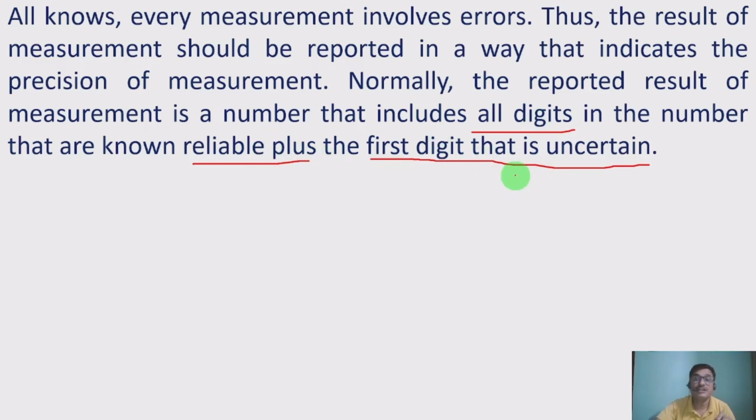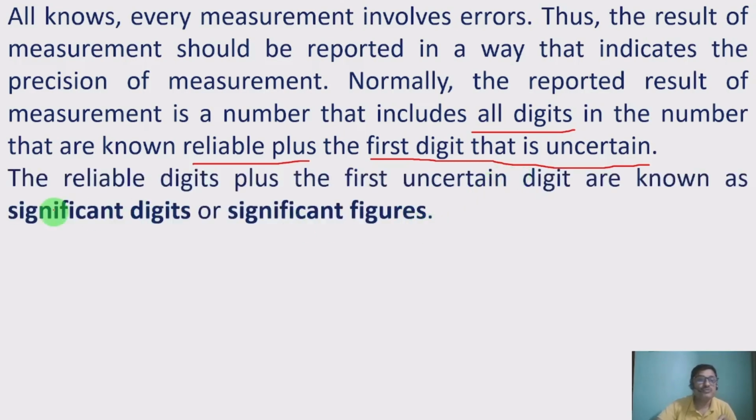Those are to be taken in the number which is measured, that is the measured value. The reliable digits taken after the measurements, plus the first uncertain digit, are known as significant digits or significant figures.